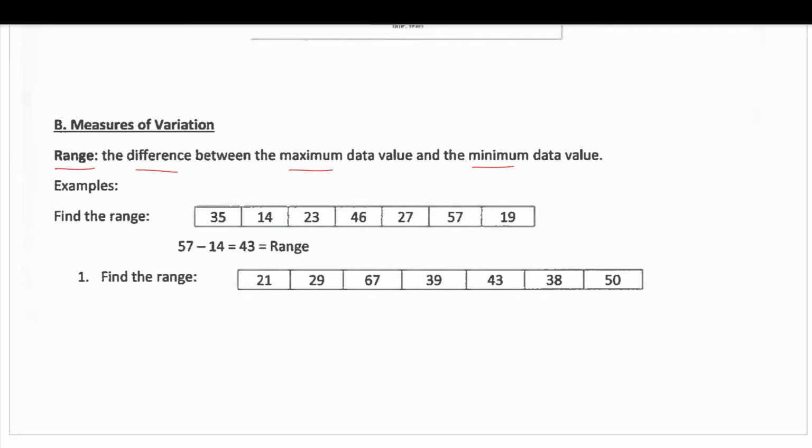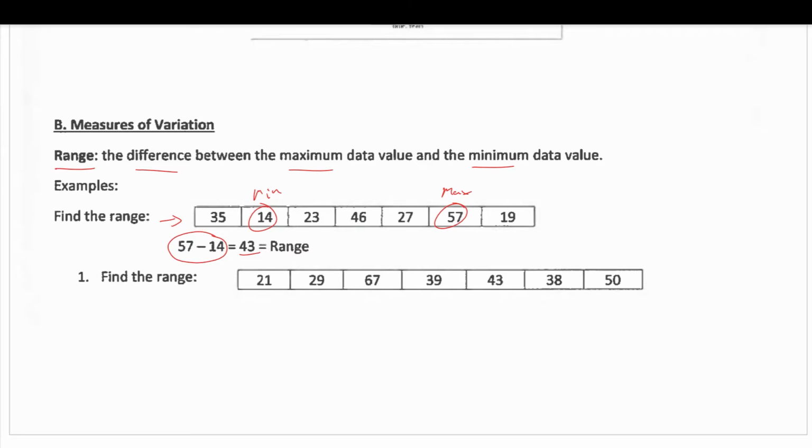For example, in this data set, the largest value that we see here is 57, that's your maximum, and the smallest being 14, that's your minimum. You take the difference between those, and 43 will be the range. This is a measure of how spread out the data is.